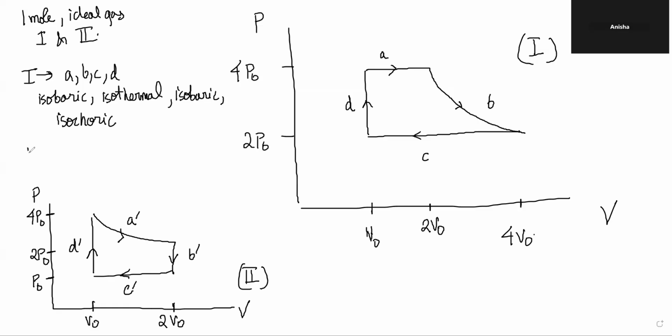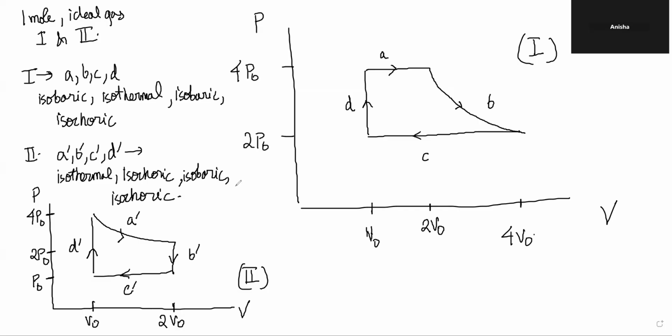And in cycle 2, they have said that A', B', C', D' are isothermal, isochoric, isothermal, isochoric, isobaric, and isochoric.